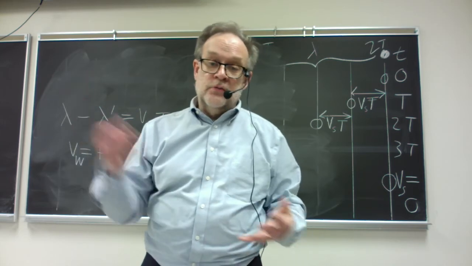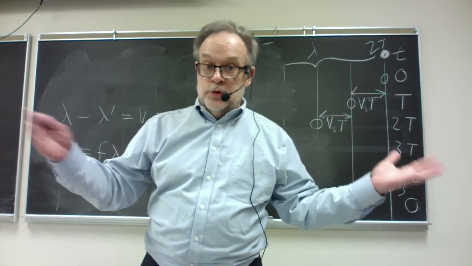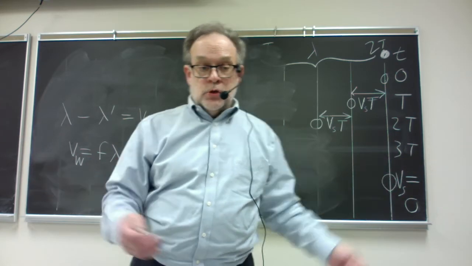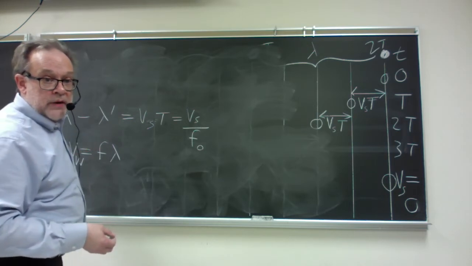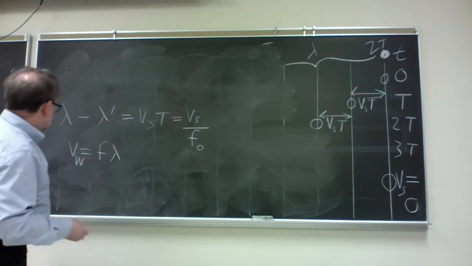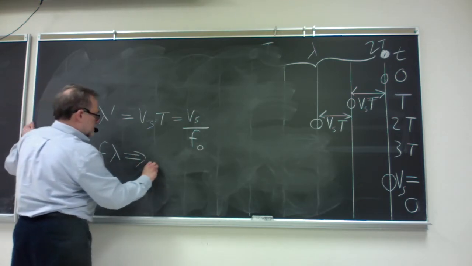If this is a sound wave, the waves are all traveling through the same air, whether the source is moving or stationary. So the air is the medium, the air doesn't change, so the wave speed doesn't change.